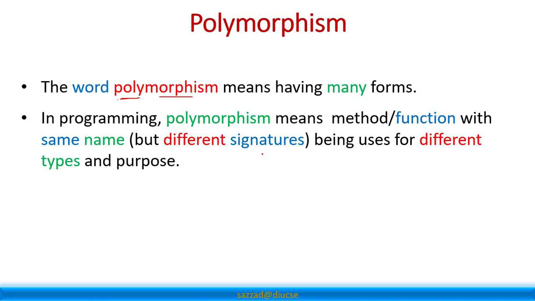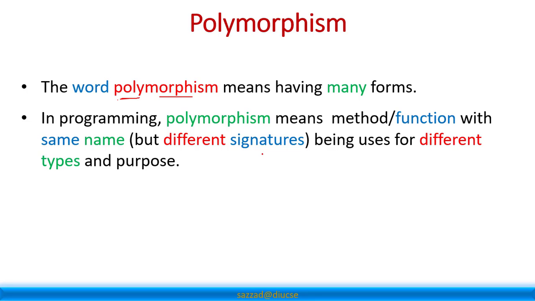That means when we use a method with the same name in two different classes, but they play different roles, we say the method is playing the polymorphism role because it is executing two different things in two different places.